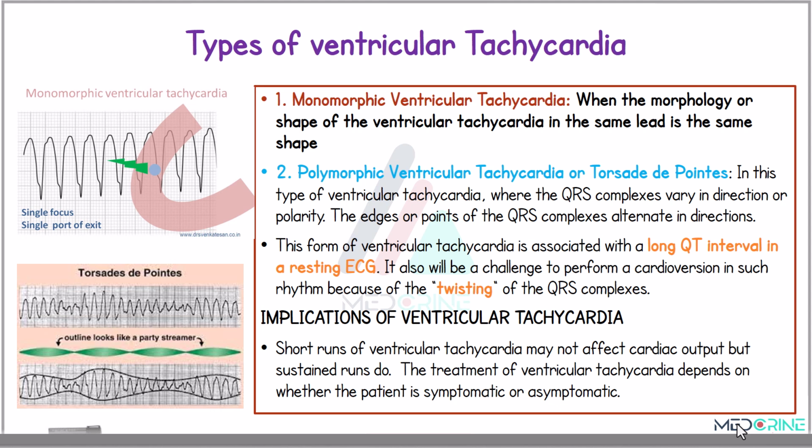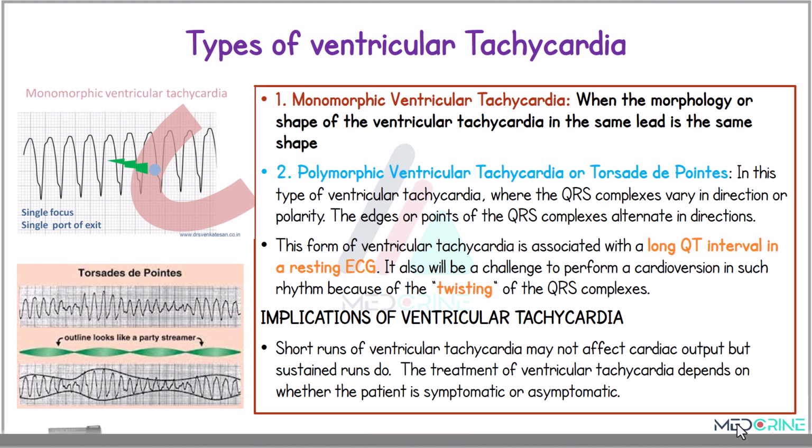The edges or the points of the QRS complexes alternate in direction, so it looks like a party streamer. This form is associated with a long QT interval in a resting electrocardiogram. It is challenging to perform a cardioversion in this type of rhythm because of the twisting of the QRS complexes. Basically, this QRS complex is chaotic.